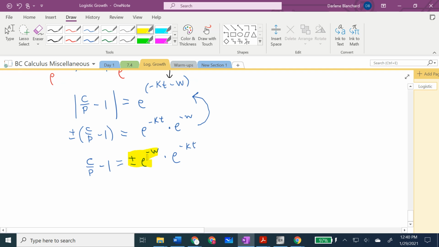If w is an unknown constant due to integration, negative w is unknown, e to the negative w is unknown, and whether it's positive e to the negative w or negative e to the negative w is unknown. So we're just going to replace that with a letter. But we are having trouble with letters and running out of them.